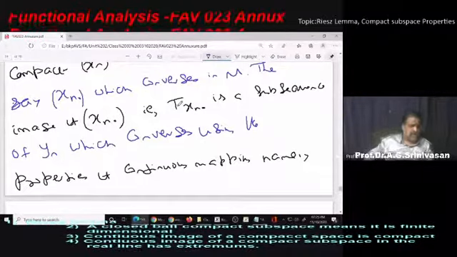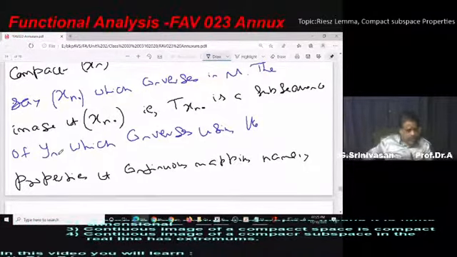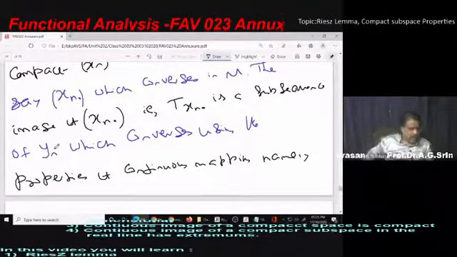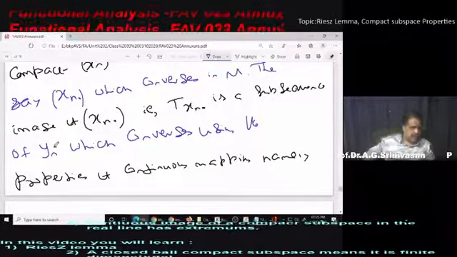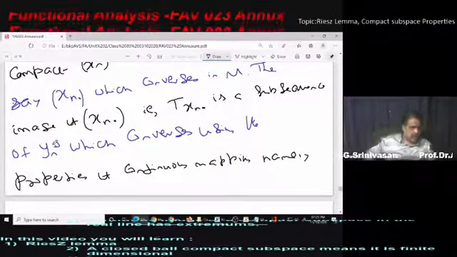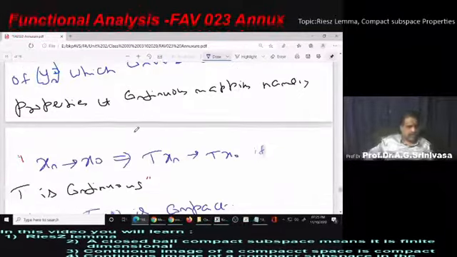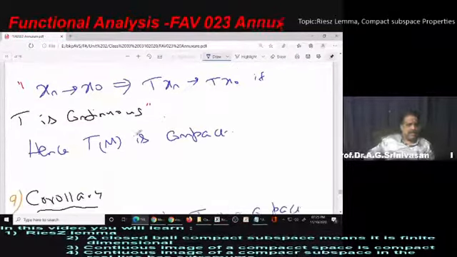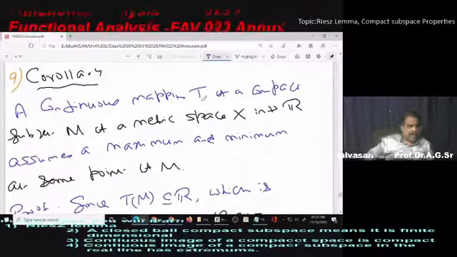So this xn naught being a convergent subsequence and T being continuous, there is a subsequence yn naught such that yn naught is a convergent subsequence. So we proved that T of M is also compact.